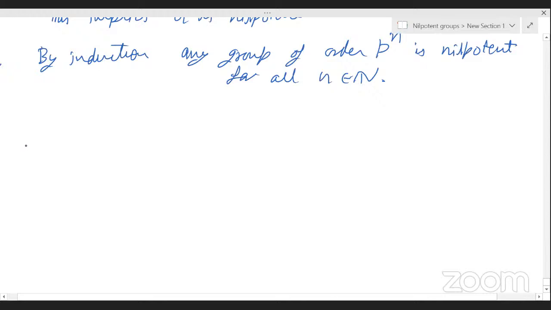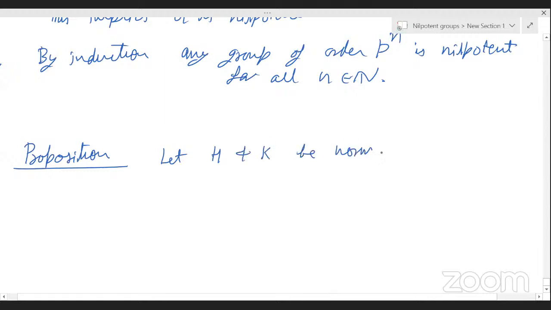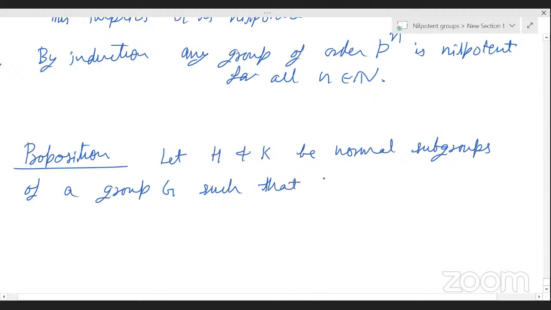Now there is another proposition. Let H and K be normal subgroups of a group G such that G by H and G by K are nilpotent.